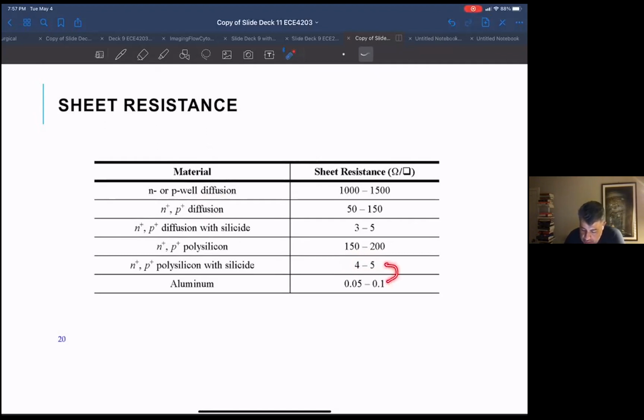But this is the problem that you're buying for yourself. Look at these resistances. Going from aluminum to polysilicon to diffusion, or God help you, a well, you have a very high resistance between two points, and you may not catch that when you're doing your simulations.